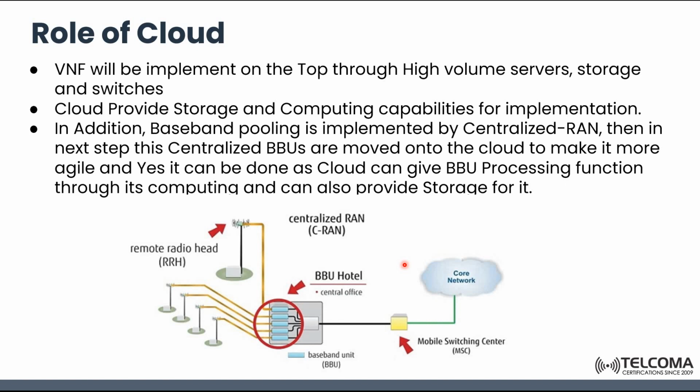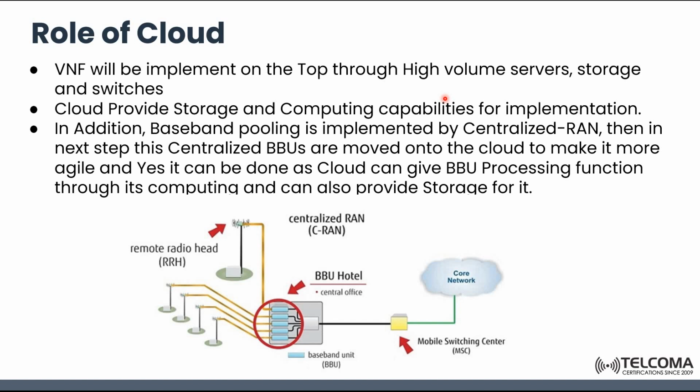Role of cloud. Virtualized network functions will be implemented on top of high volume servers, storage and switches. So this is all we need. Cloud provides storage and computing capabilities, and these are the two capabilities which we want. So what we did, we moved baseband pooling to be implemented in centralized RAN. We basically moved baseband to a centralized position.